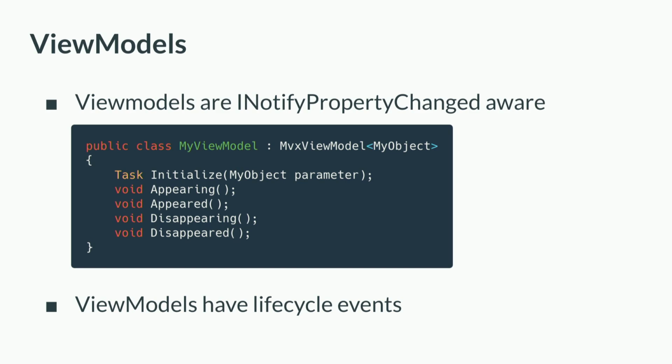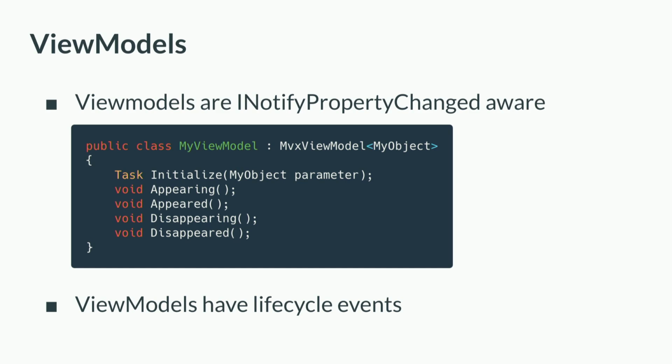So MvvmCross does a couple of things that are really helpful, and I'm going to tell more about it later. What you can see here is just the base class. MvxViewModel extends notify property changed, which means that if you trigger a change, raise property changed on your view model, it will automatically raise those properties changed event to your view, and your view will be updated.